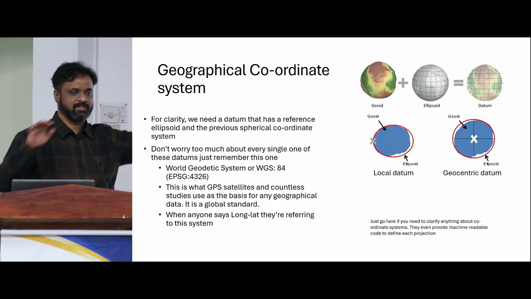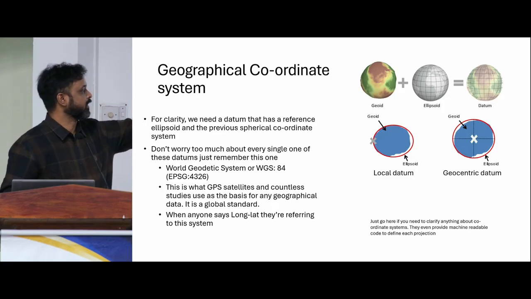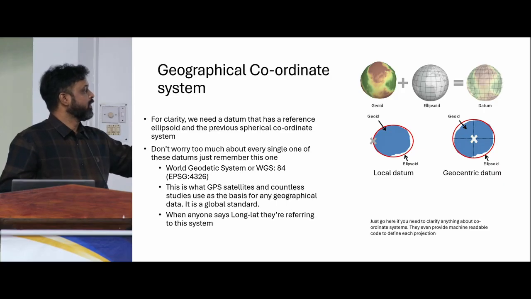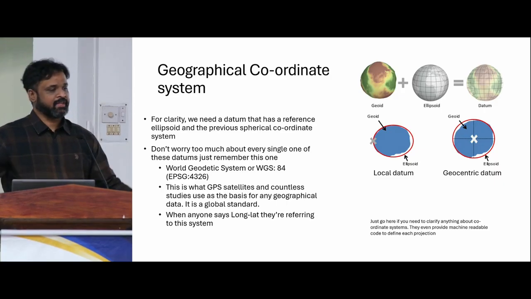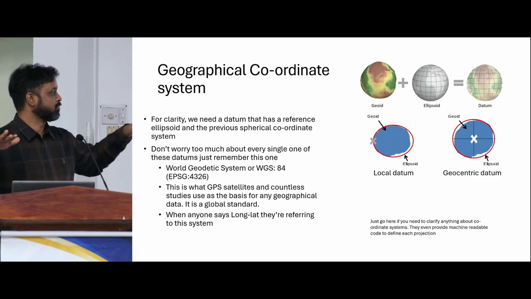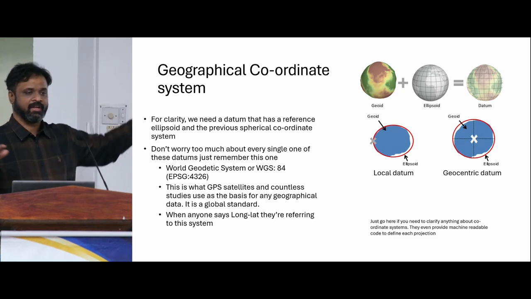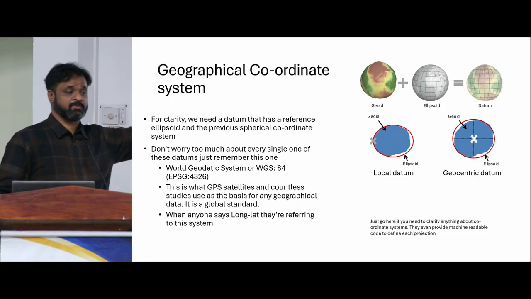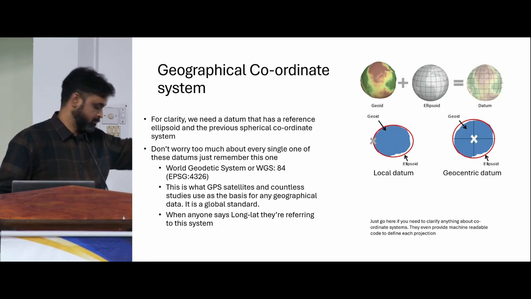It's not a perfect circle, it will flatten out a little bit in that area. And roughly for most of the Earth, that's fine. Now you may have some countries who are saying, I don't care about the rest of the Earth. I want it as perfect as possible for my own country, and everywhere else we're not mapping anyway, so it doesn't matter. Then you have specific datums for that also.